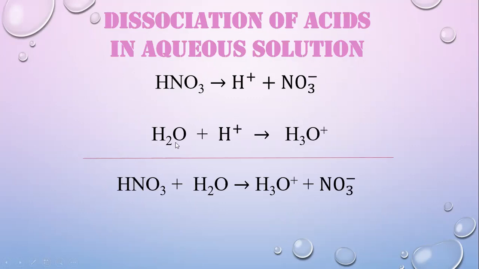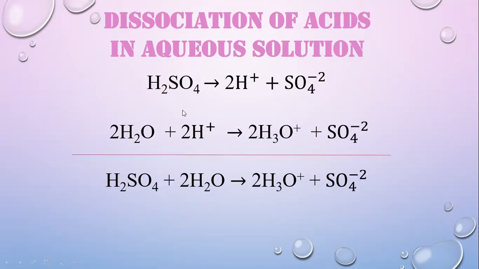It combines with a water molecule, forming a hydronium ion. Now, if we write the overall reaction, how does it turn out to be? A nitric acid molecule reacting with a water molecule gives rise to hydronium ion and nitrate ion. As you can see here again, hydronium ion is the only positively charged ion formed.